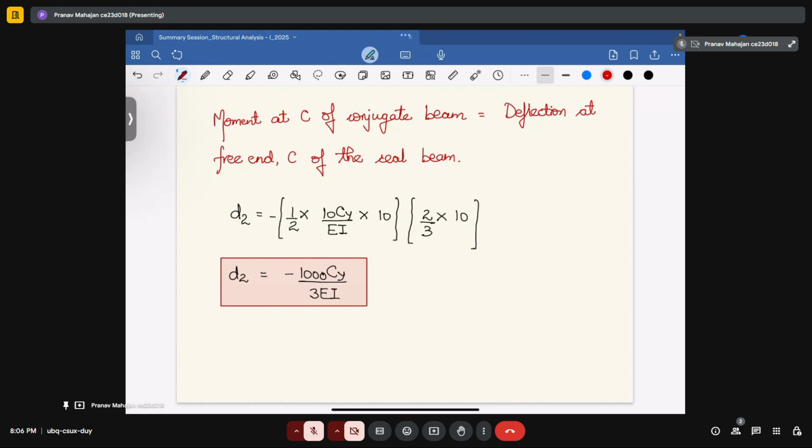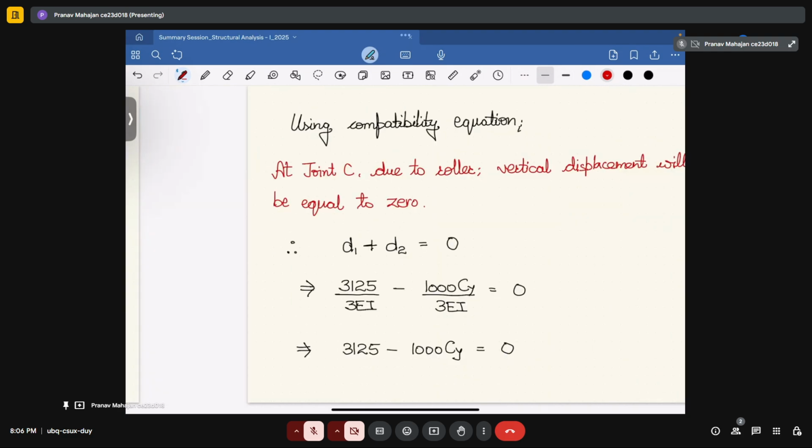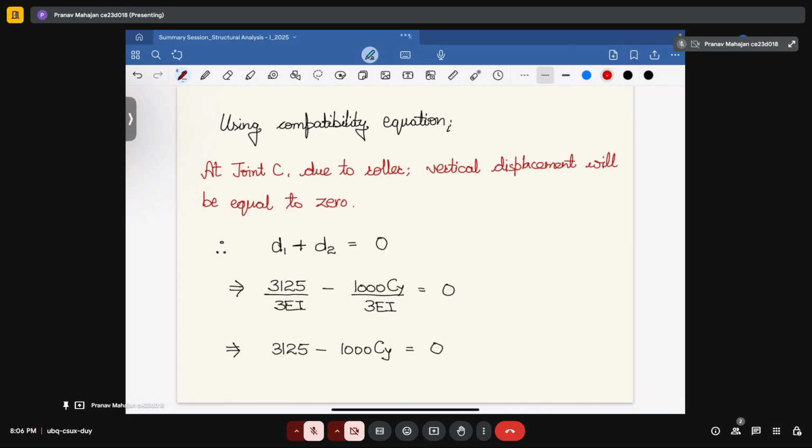So now you have got two deflections, D1 and D2. But if you see, you have the support provided at end C, and due to that support, the vertical displacement should be equal to zero. That will become your compatibility equation.